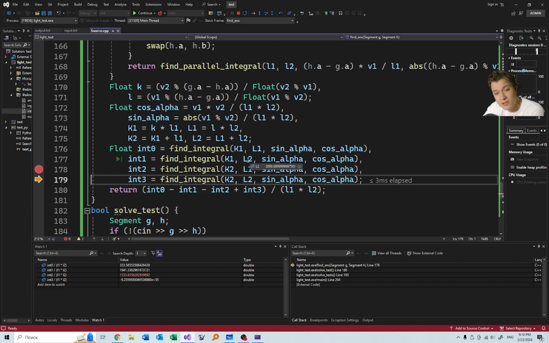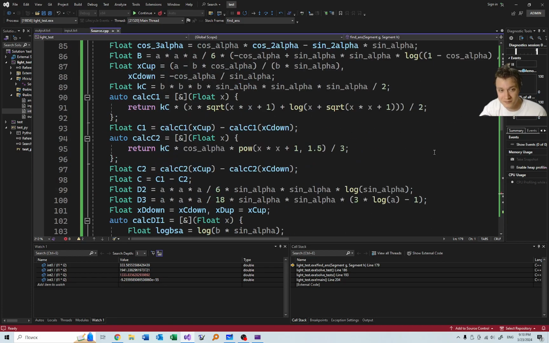Okay, one easy fix would be to swap them if A is less than B.